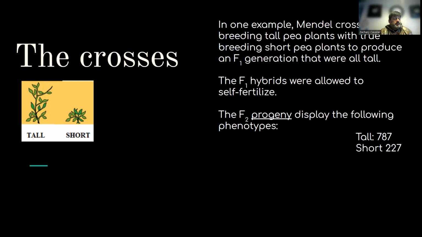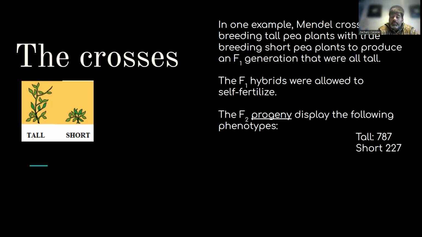So what he did was he crossed true breeding tall plants with true breeding short plants. He pollinated them by hand using a little paintbrush or something. He then took the offspring of that cross and allowed them to self-pollinate.